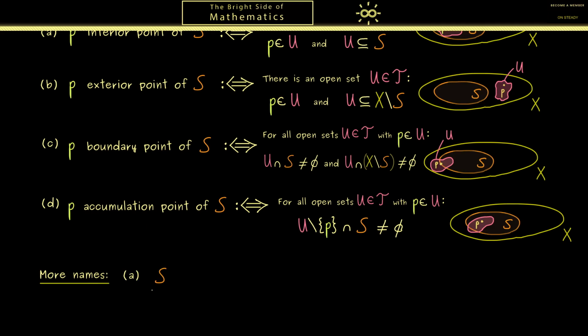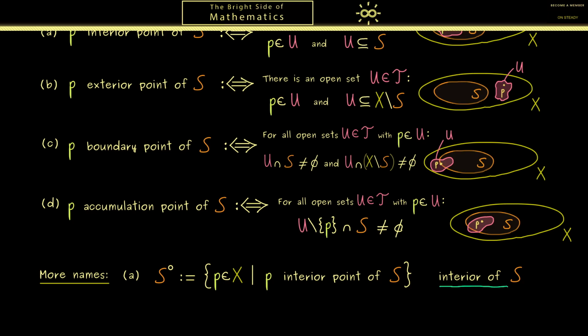For example, for the set S, we can define S circle. This one is simply the collection of all points P in X that fulfill that P is an interior point of S. Therefore, S circle is called the interior of S. So the interior is defined for a subset and it gives us a new subset.